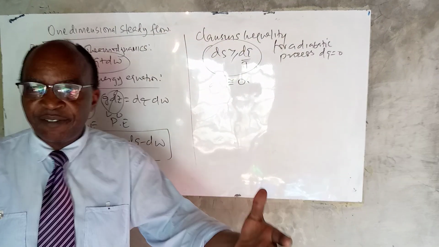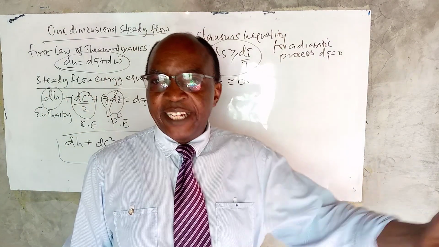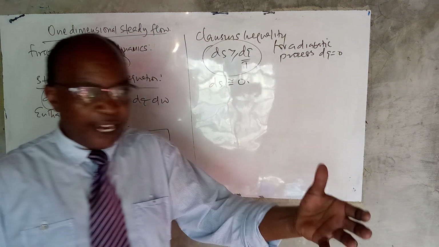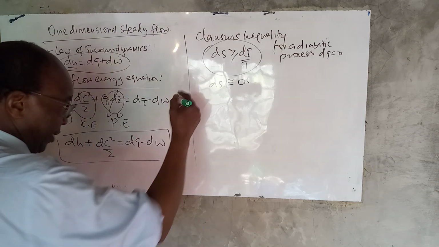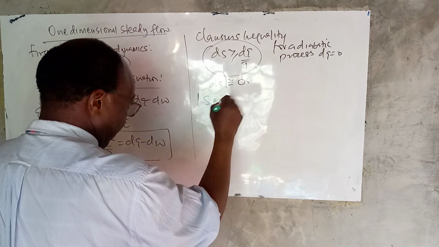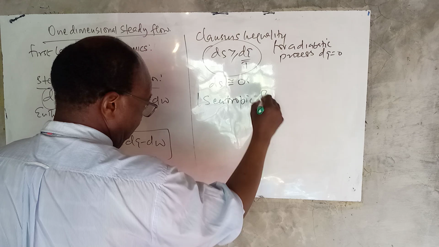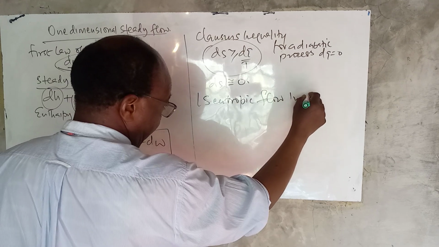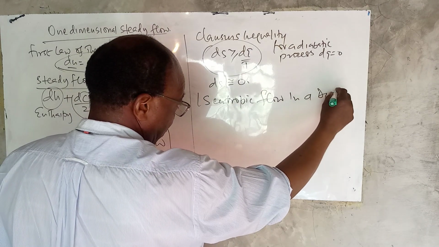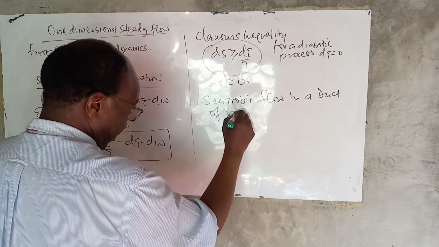Now, when we consider, for example, a flow in a duct whose cross-sectional area varies, let's consider isentropic flow in a duct of varying area.